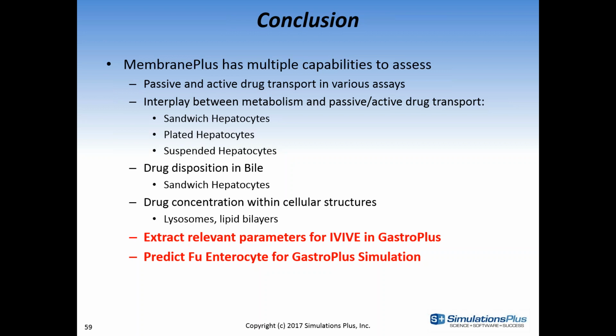And we can extract relevant parameters for IVIVE. We can extract relevant Km and Vmax parameters for metabolism and efflux or influx transporters, and we can also predict the FU enterocyte values for GastroPlus simulations that allow you to really look at the extended Tmaxes of lipophilic cations and basic compounds.